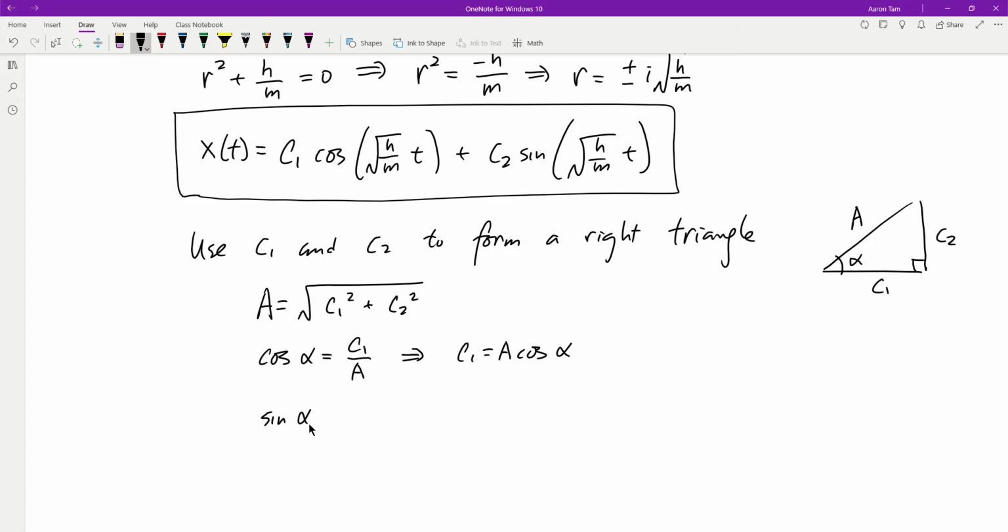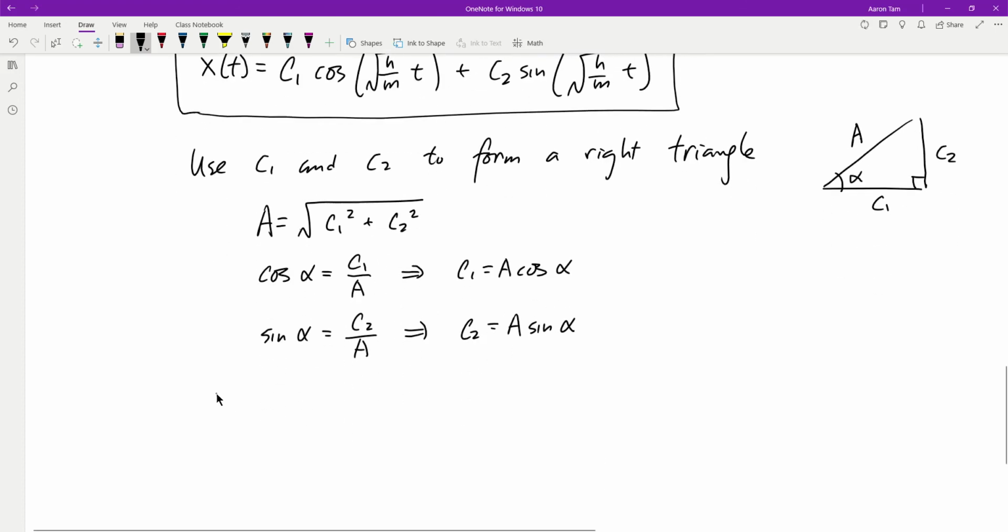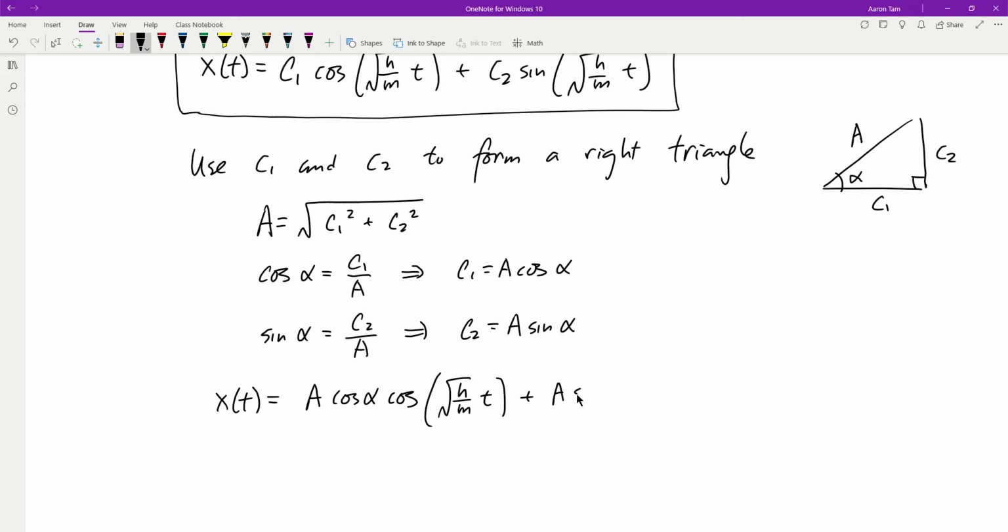Similarly, sine alpha equals C2 over A, and therefore C2 equals A sine alpha. Now I have what I need to simplify my expression. So our function x of t would equal C1, which is A cosine alpha, times cosine radical h over m t, plus A sine alpha, sine radical h over m t.